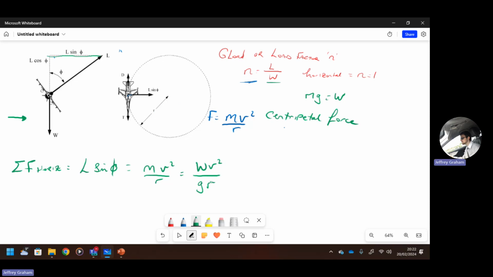So if we look back into the left-hand diagram, take this triangle here, have a closer look at it. It looks a little bit like that initially. Right, first up, we've got the lift vertically.